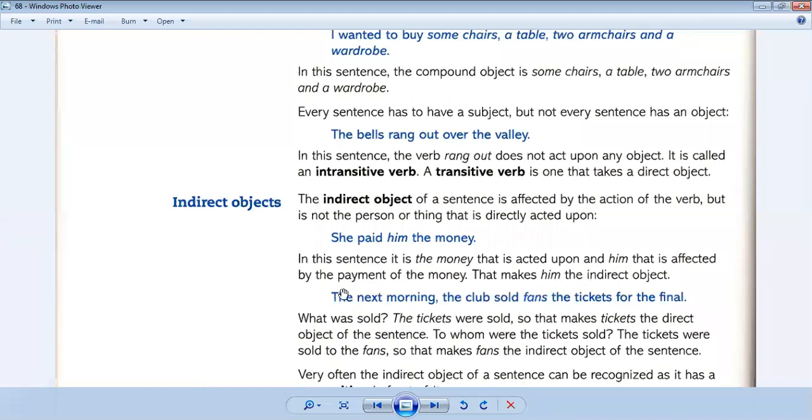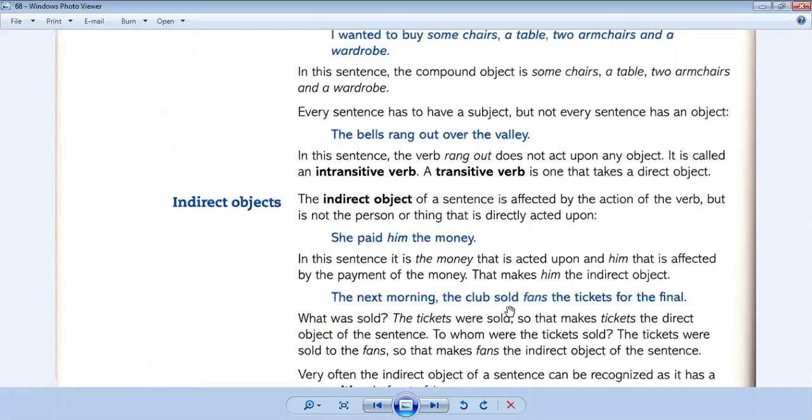Another one. The next morning, the club sold fans the tickets for the final. Forget about the next morning. That's a prepositional phrase. The club is the subject. What happened? The club sold.